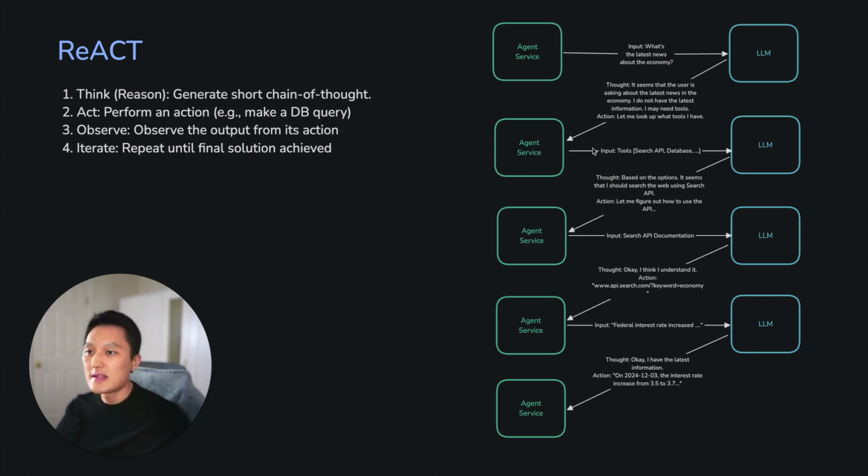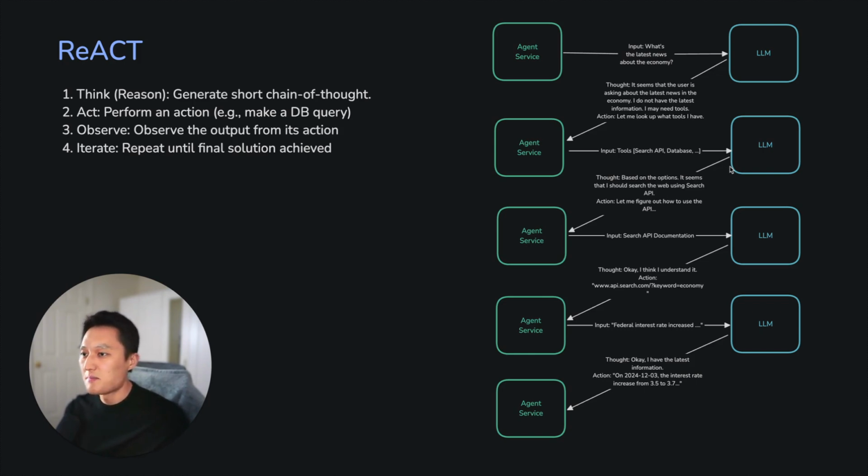The LLM will take that information and then make a choice on which tool it needs to use in order to answer the main question, which is about the economy. So it's going to see that, all right, I need a search API because obviously I need to be able to browse the latest information, maybe get some news or something like that.